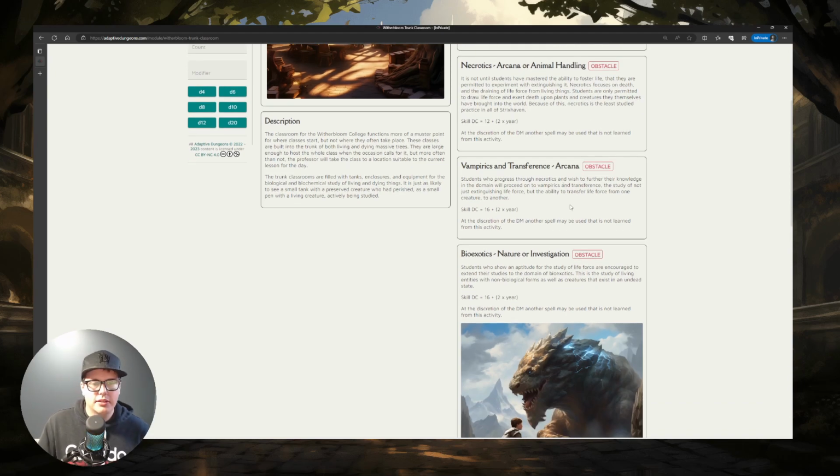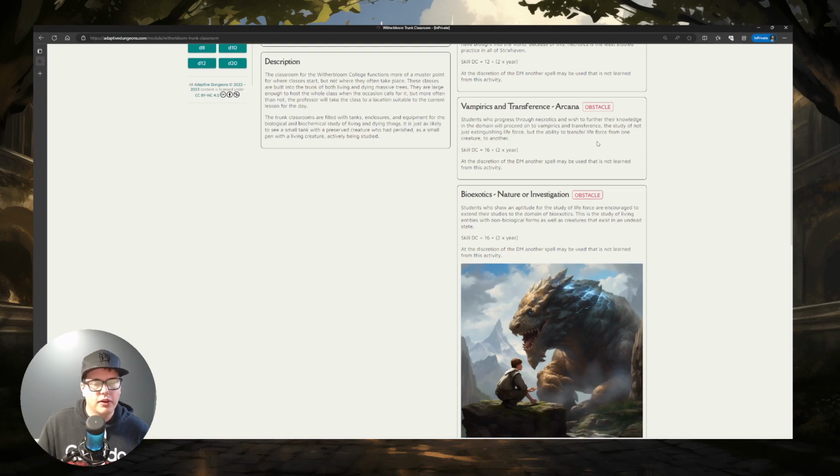And then bioexotics is the idea that there are these really extreme, not so much diverse as divergent forms of life that are really unique.